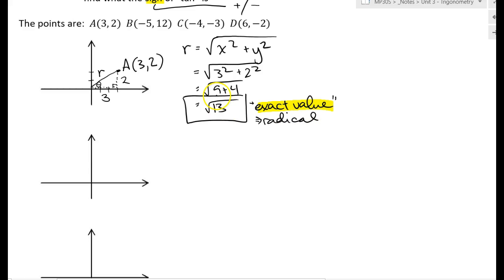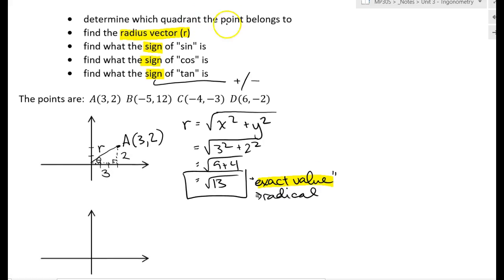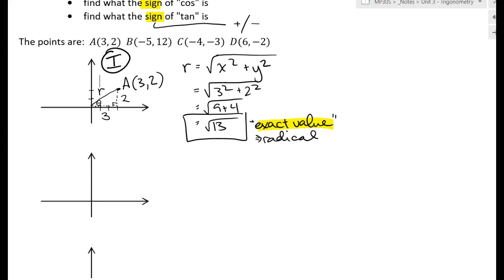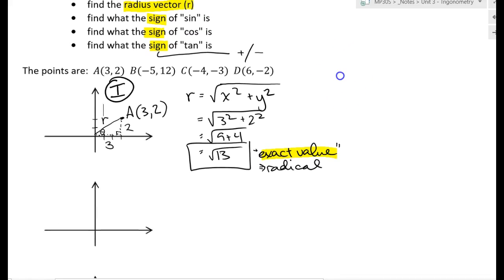Okay, so we are asked for r, but before that we were asked to determine the quadrant. Which quadrant is this? It is quadrant 1, because we always start in the top right and go around. We're then asked to find the sign of sine, cosine, and tangent. So sine theta would be opposite over hypotenuse, so that's 2 over root 13. Is that positive or negative?